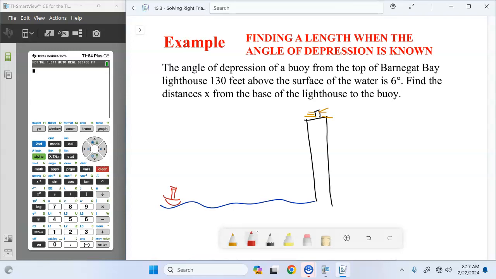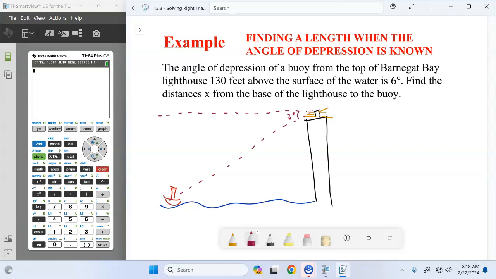That means if we're looking from the top of the lighthouse down to the buoy, the angle of depression, from the horizontal point of view, is 6 degrees. So we kind of actually have more of an inverted triangle here, but I'm going to show you a little trick that might make it a little bit easier.